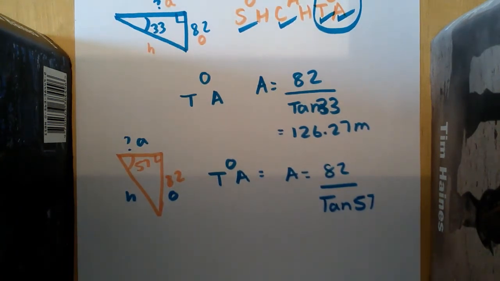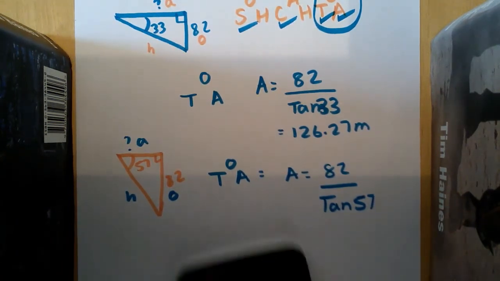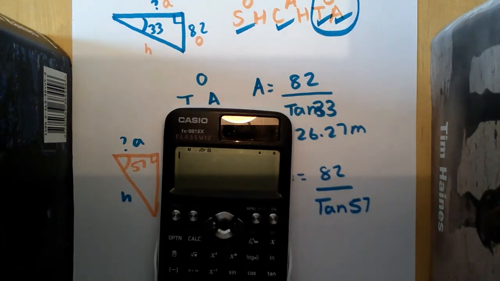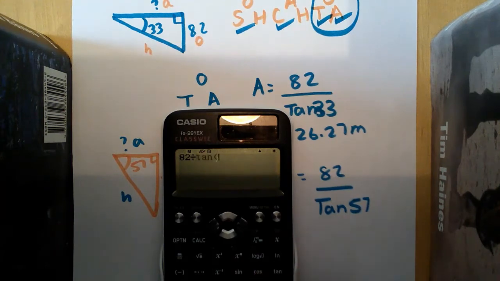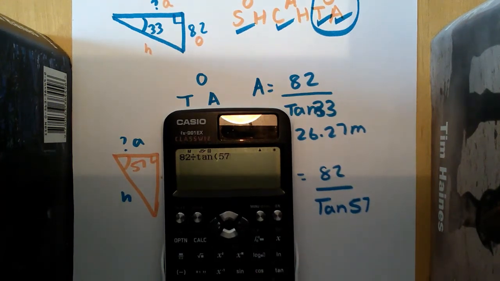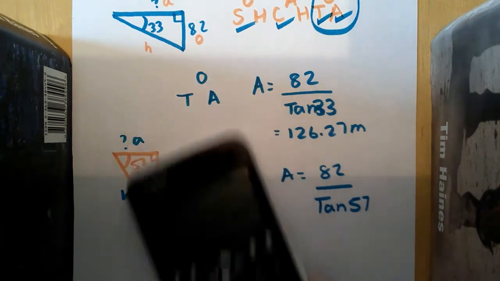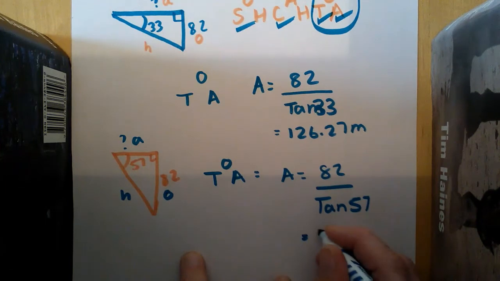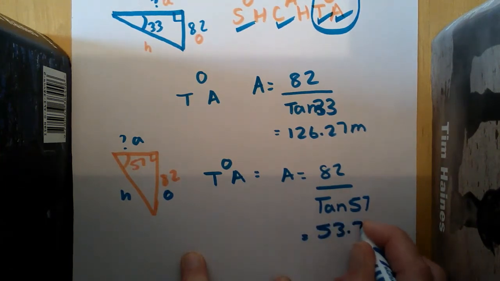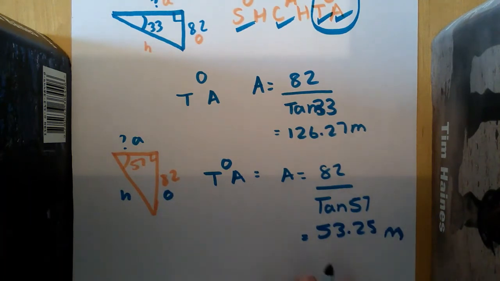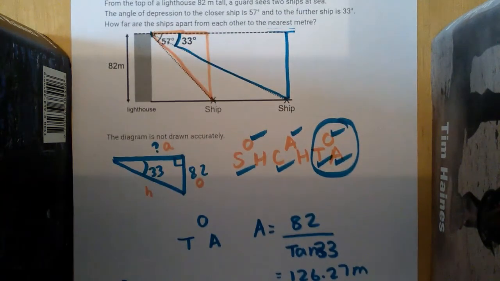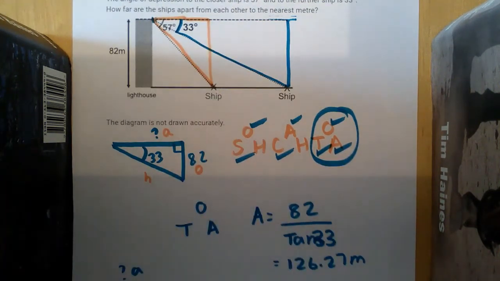So if we work that out, we've got 82 divided by tan 57, and that's equal to 53.25 metres.